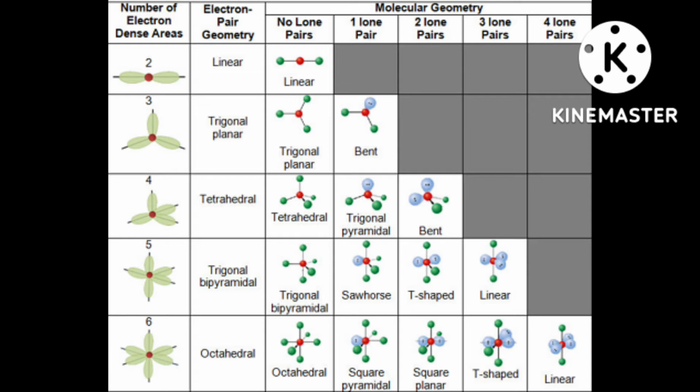Due to this repulsion, lone pair-lone pair, lone pair-bond pair, bond pair-bond pair, they will deviate from the ideal shape.